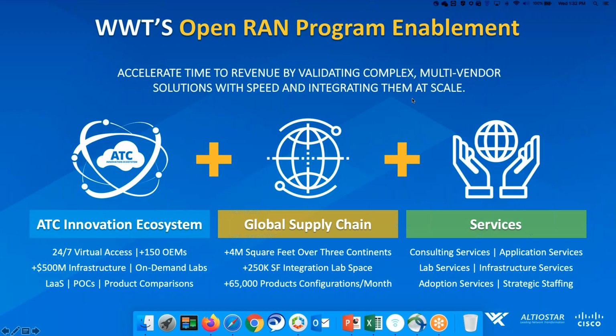And so we look at Open RAN as really the next transition, as Steve said, to use things like software-based disaggregation, basic principles you're seeing throughout other parts of the network, in the radio access network. When you think about our business and what we do, I'll talk about the program here in a moment, but think of three pillars.